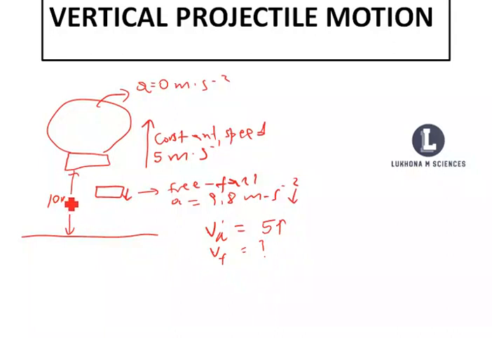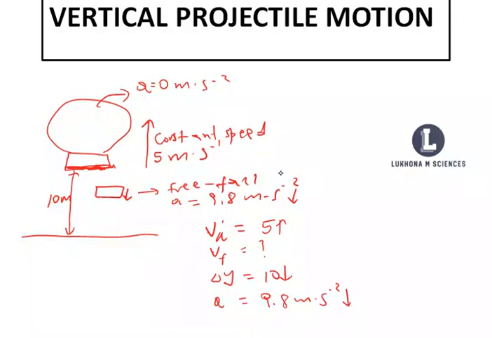We have this 10 meters which is delta y, and this 10 meters is below the starting point, which means downwards. So we have the acceleration. The acceleration of the cell phone which is on free fall is 9.8 meters per square second downwards.